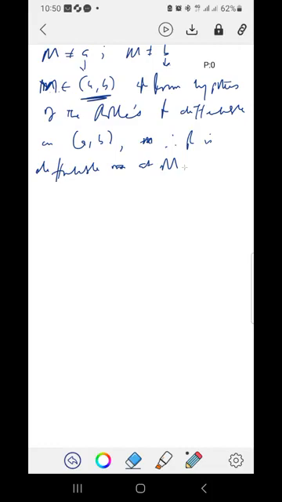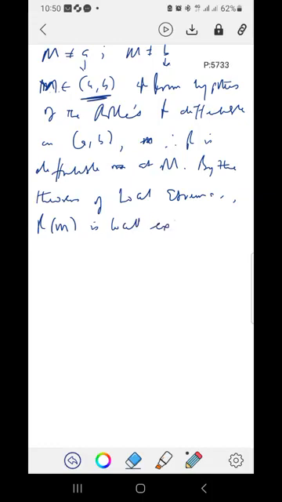So by the theorem of local extrema that I talked about first, it means that F of M is a local extrema, which we have established because it's the highest point between A and B. It's a local maximum.